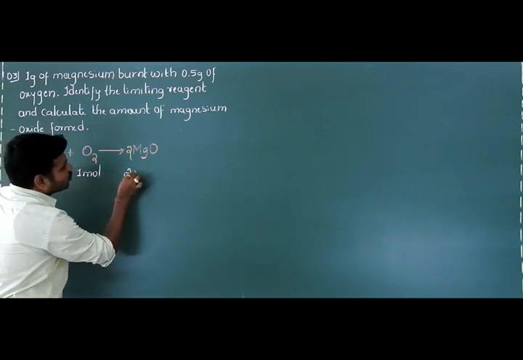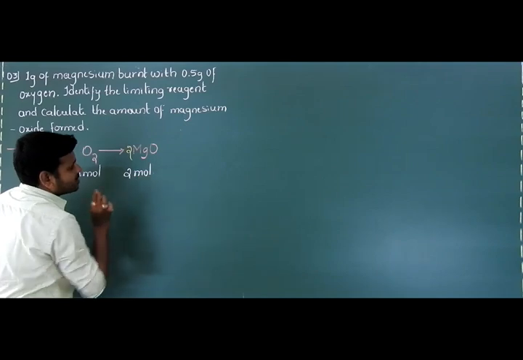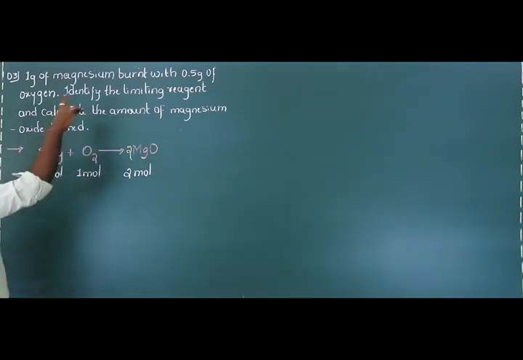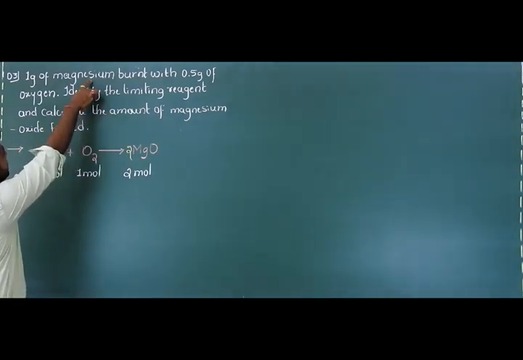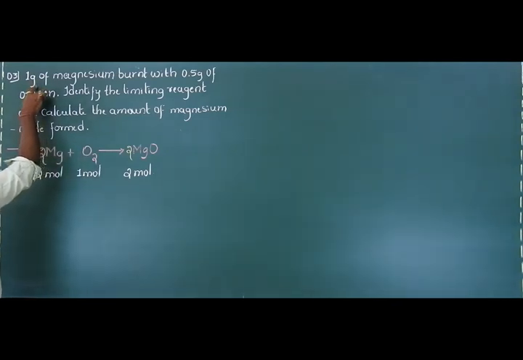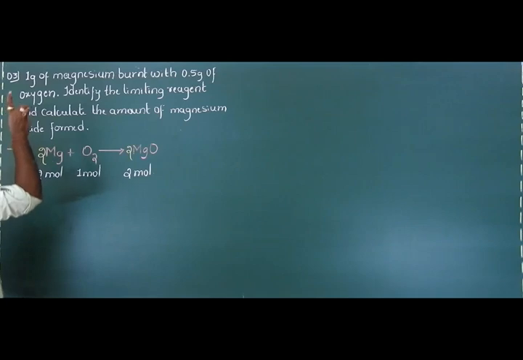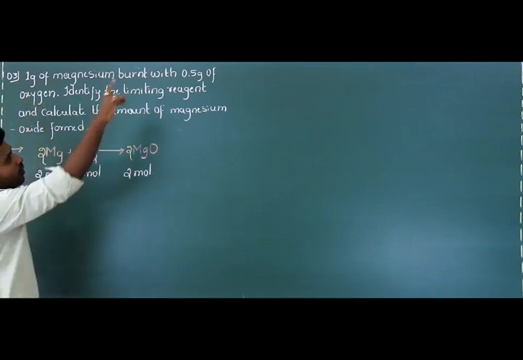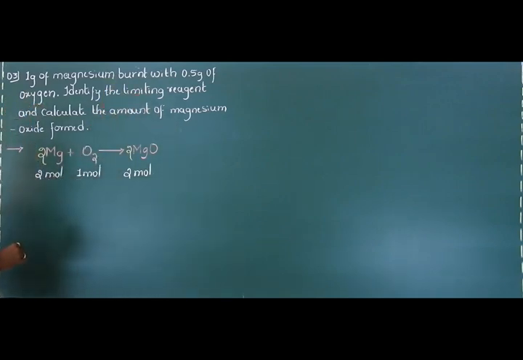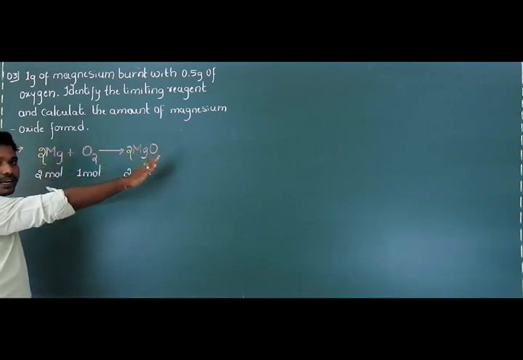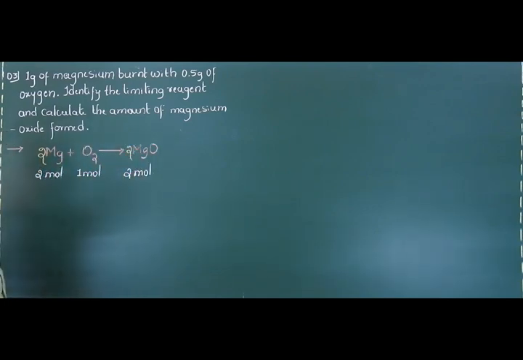It forms 2 moles of magnesium oxide. But in this problem, magnesium is given in terms of mass, and oxygen is also given in terms of mass. 1 gram of magnesium is given and 0.5 gram of oxygen is given, students. So let us express the reactants and the products in terms of mass.